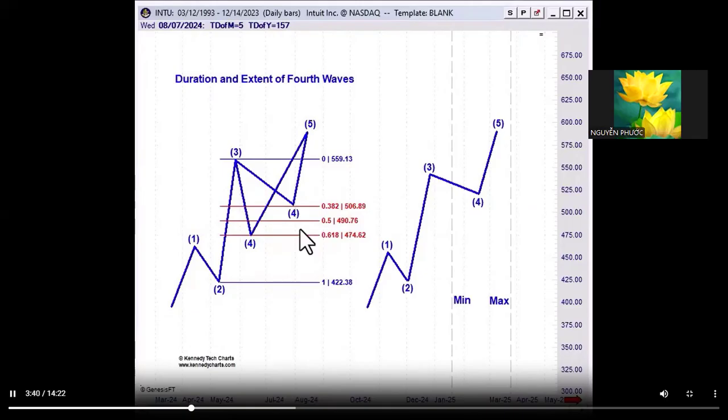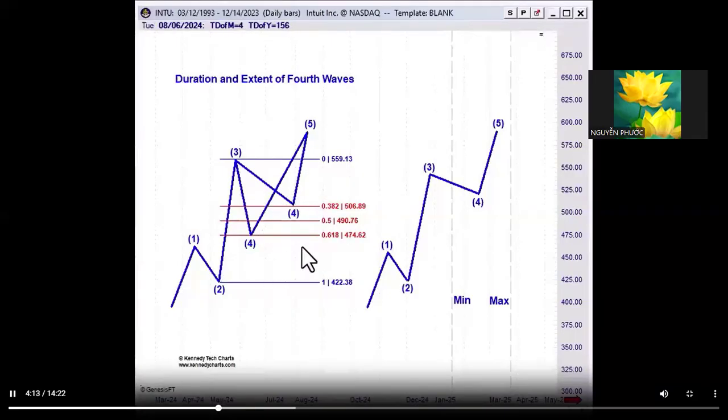Now, what I've observed is that whenever wave 4 is very quick, very short in duration, its retracement of wave 3 is often very deep, going back to the 618 retracement of wave 3. If wave 4 is very time consuming, then it tends to be somewhat shallow, ending at or near the 382 retracement of wave 3. And sometimes it could be even more shallow, ending at the 0.236 multiple of wave 3.